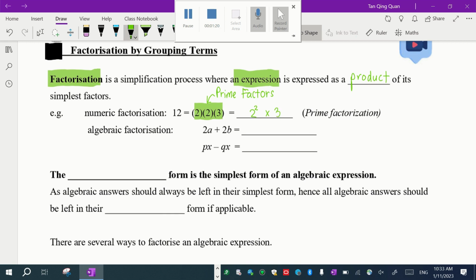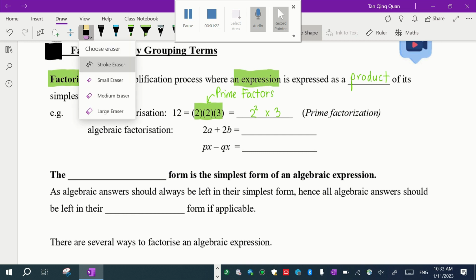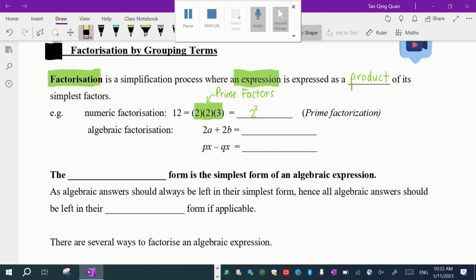And in most cases, we don't have to write the multiplication. Instead, we could simply rewrite it in bracket form.